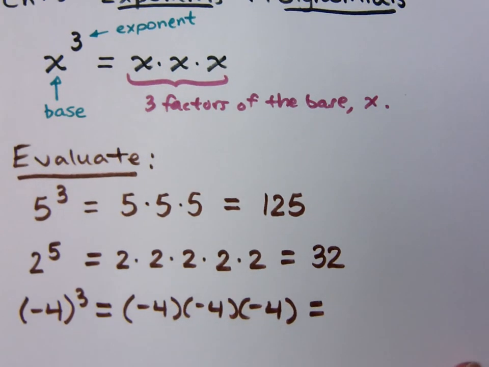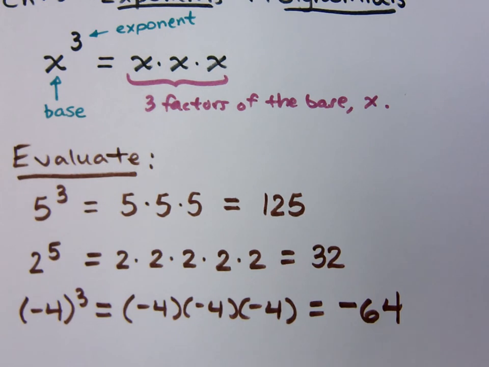Well, what's the sign going to be for this product? Right, negative. Now that gives you 16. 16 times 4 is 64. Is everybody with me on that?